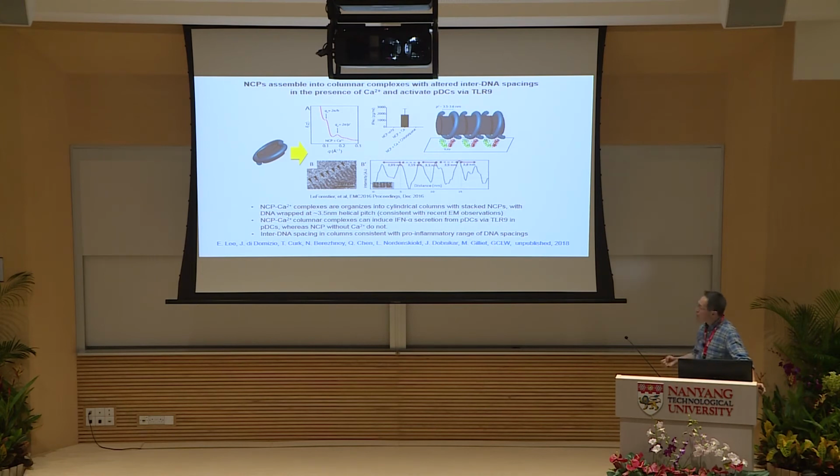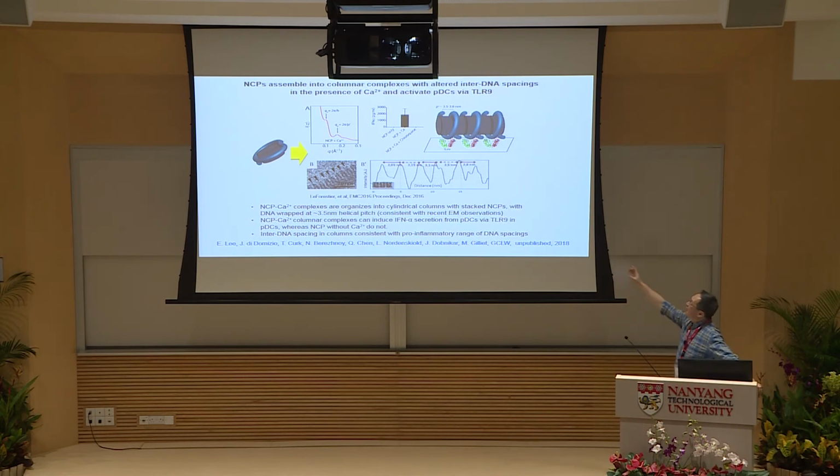And as you heard from the previous talk, there is a propensity of nucleosomes to stack. And this is work that we did together with Lars Nordenskjold here at NTU and his team. And what we did was we took these nucleosome core particles, we added a little bit of calcium, the amount that is consistent with what you get physiologically during NET formation.